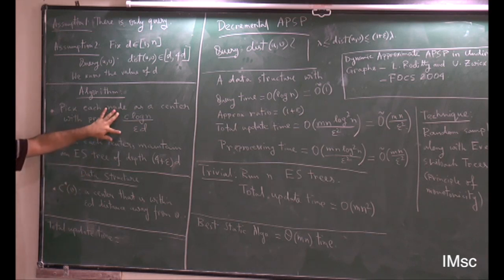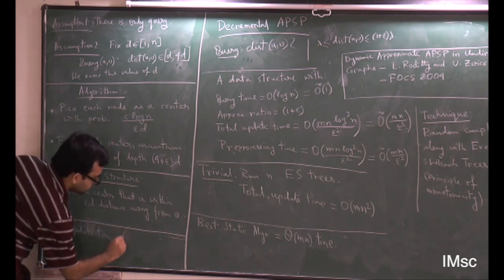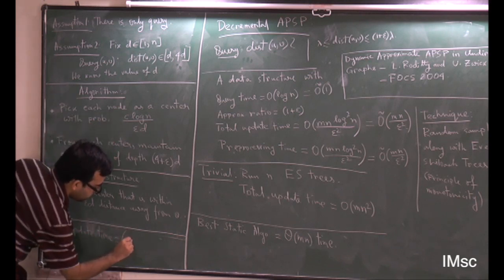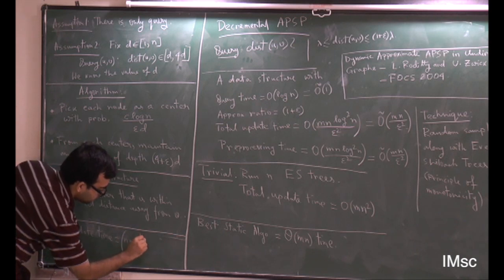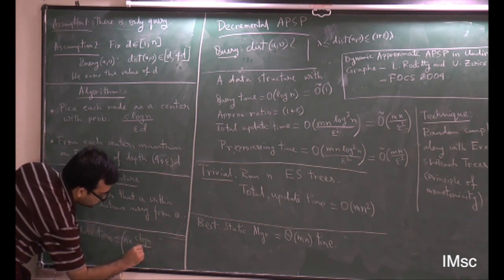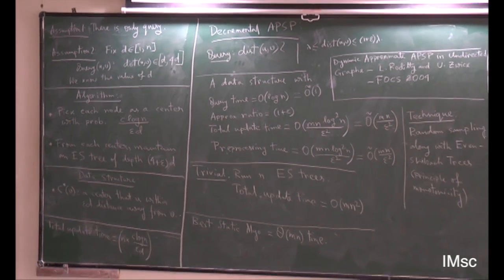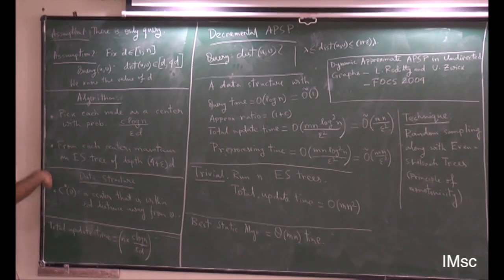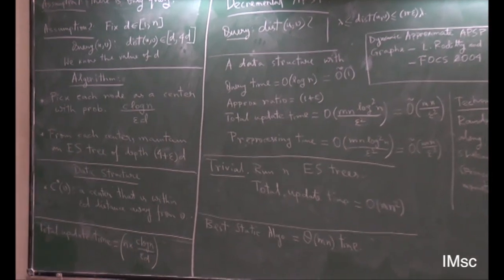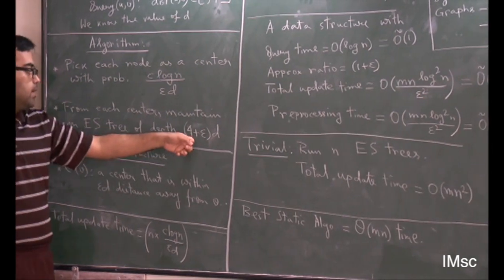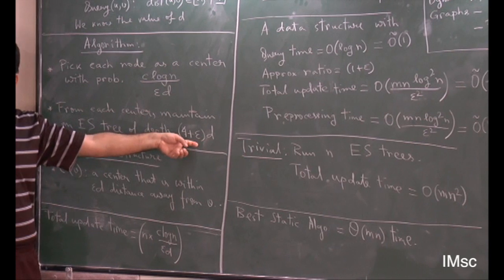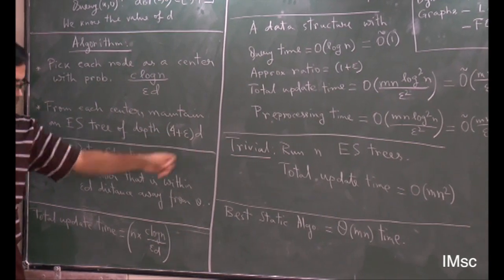Each node becomes a center with probability this much. So, the expected number of centers is n times C log n by epsilon d. And from each center you are maintaining an Even-Shiloach tree up to depth, this 4 plus epsilon is just a constant, until depth d.